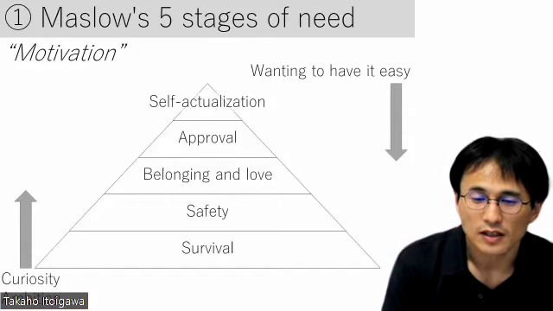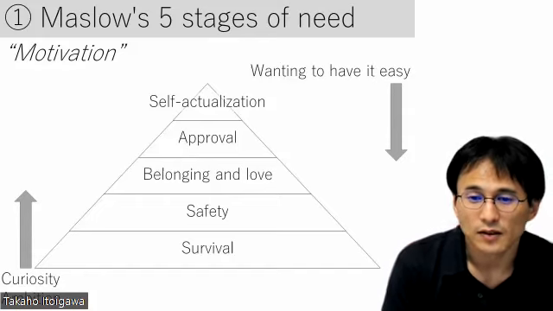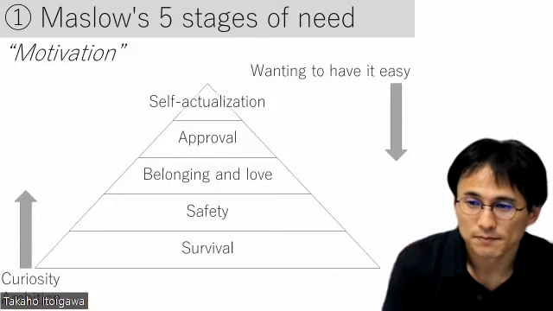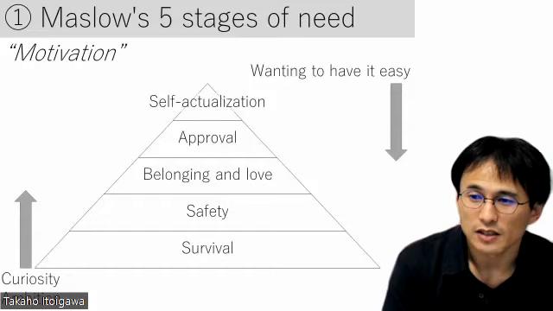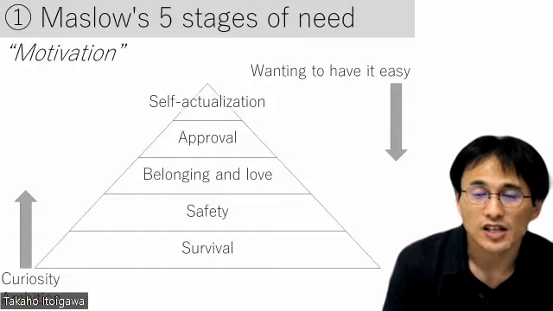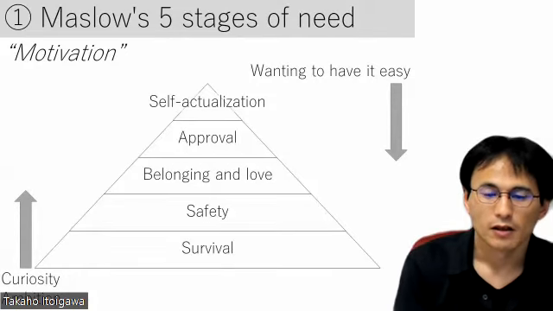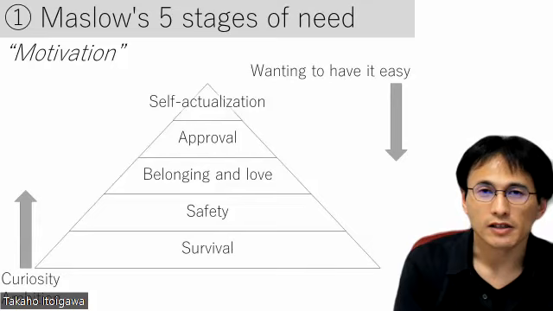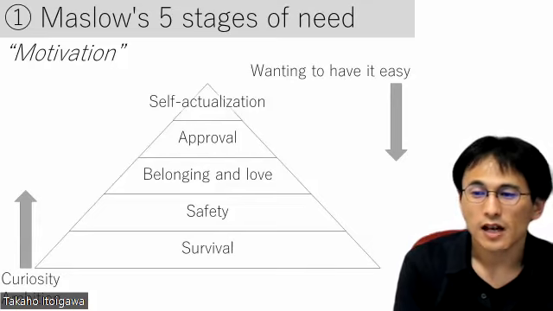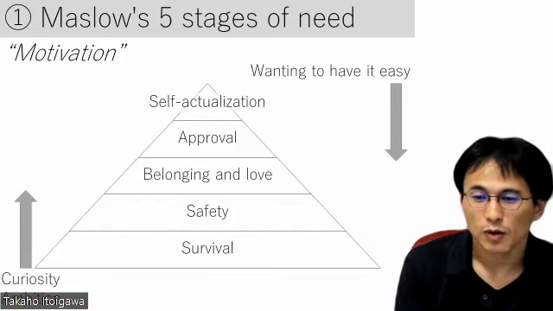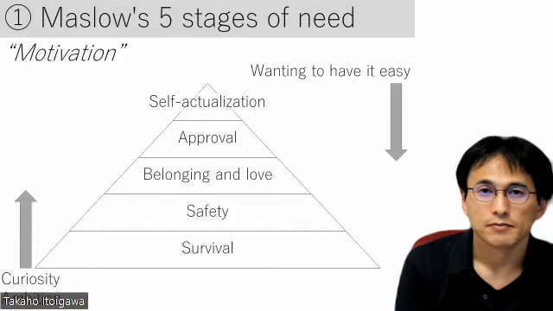Survival needs are needs for survival, such as appetite and the need to sleep. Safety needs are the desire to avoid danger, such as injury or financial insecurity. The need for belongingness and love is the desire to have the same attributes, such as being in the same class, the same school, or the same country.